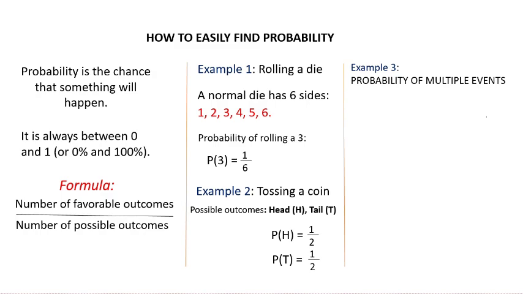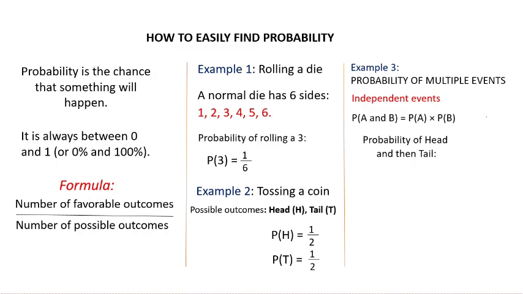Now let's look at the probability of multiple events. In the probability of multiple events, you can have independent events. That is events that occur independent of each other. For instance, you are looking at the probability of A and B. To get the probability of A and B, since they are independent events, we simply multiply the probability of A times the probability of B. For instance, the probability of a head and then a tail. Those are independent. It can be done at different times.